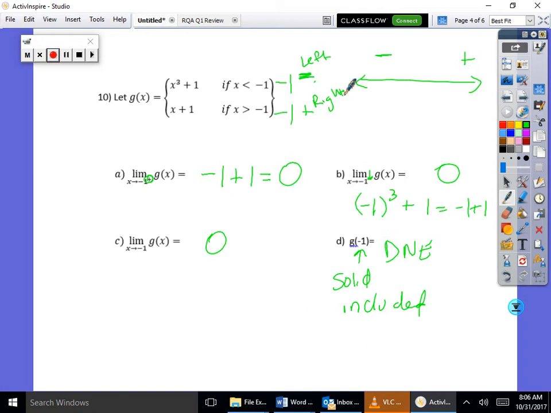Left is always less than. Right is always greater than. It has nothing to do with the sign in front of the number. It has to do with the exponent. So if I had said 2 plus, then I would still use this bottom equation.